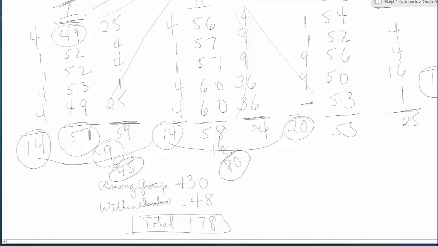Now let's go to group 3. So group 3 has an average of 53 compared to the grand mean of 54. So that means they are, on average, 1 unit away from the grand mean. Square the 1, that gives you 1, but that gives you the average square distance from the mean.